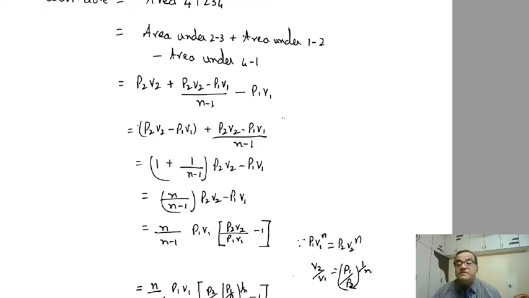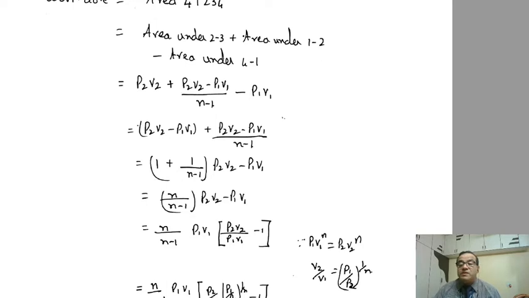So if we arrange, this will be P2 V2 minus P1 V1 plus P2 V2 minus P1 V1 by n minus 1. This can be rearranged as 1 plus 1 by n minus 1, times P2 V2 minus P1 V1, or n by n minus 1 times P2 V2 minus P1 V1.